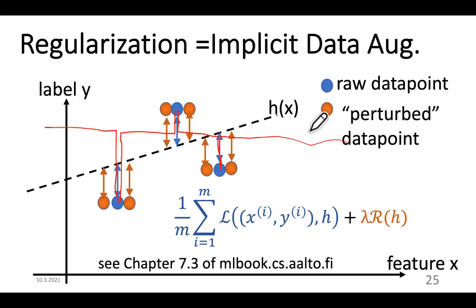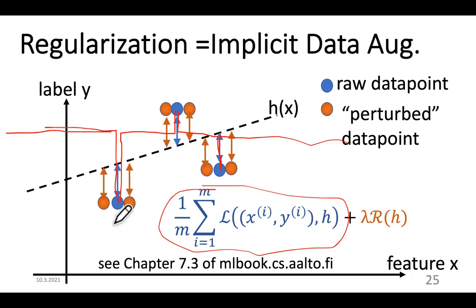Such a hypothesis would result in training error 0. However, it would have a constant prediction for any feature value to the left here, which is not useful. Regularization, on the other hand, would spot this, or would de-incentivize learning such a hypothesis. So using regularization would rule out learning such a hypothesis.